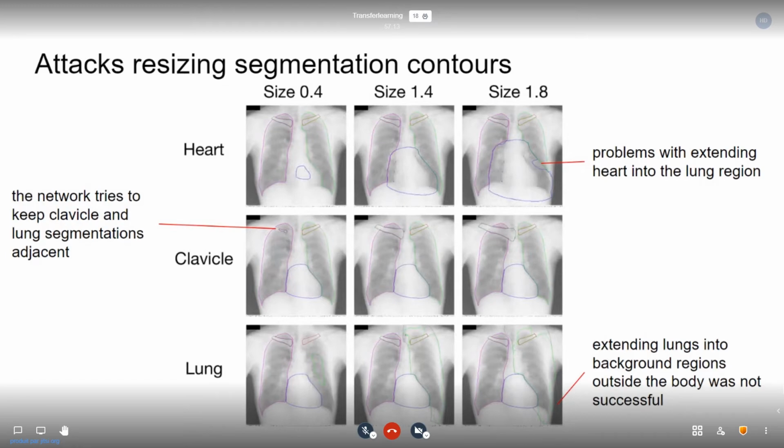In the target segmentation, this region immediately around the clavicle, where the actual clavicle is background, is still predicted by the network as the lung. And it happened also very consistently, in most images that we have seen. So it seems like the network really tries to keep lungs and clavicle adjacent.